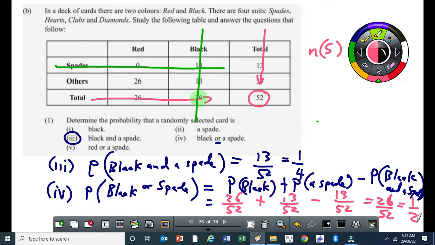Okay. You can also write your answer as a quarter. But you see, if the question does not specify whether you should leave your answer in simplest form, if you write 13 over 52, it will be correct. If the question specifies that you leave your answer in simplest form, then the best answer will be a quarter.